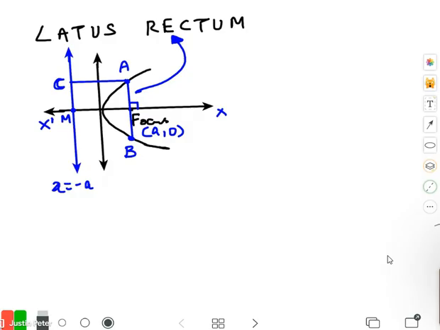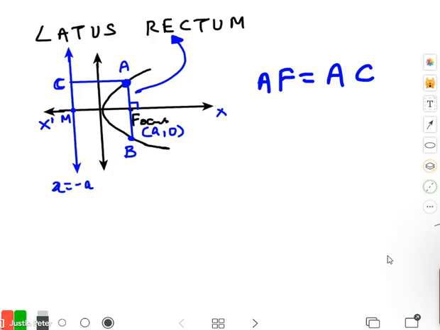For this parabola, AF must be equal to AC because C is a point on the directrix, F is the focus, A is a point on the parabola. So the parabola is the path of all the points which are equidistant from the fixed point and the fixed line. The fixed point is F.